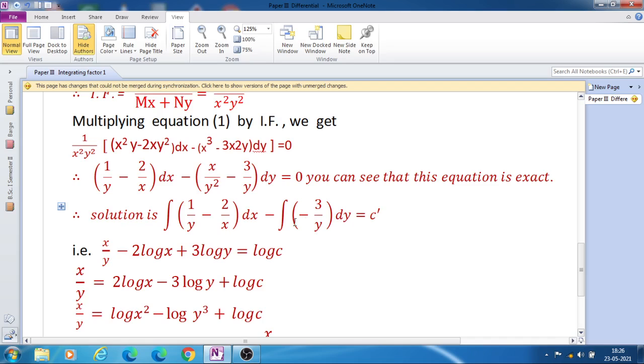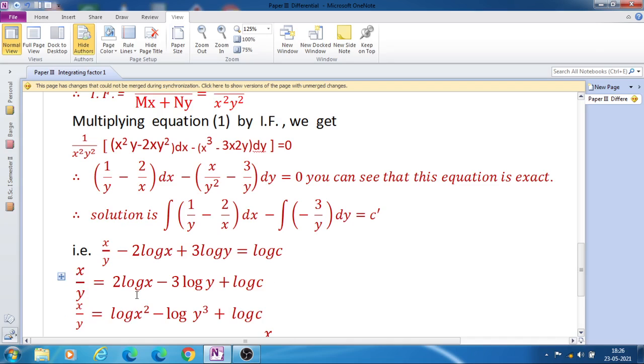Here minus minus is plus sign, and in the integral of 3 upon y, 3 is constant, so 3 into the integral of 1 upon y is log y, equal to log c. We have taken all these terms to the right side. Therefore, x upon y is equal to 2 log x minus 3 log y plus log c.